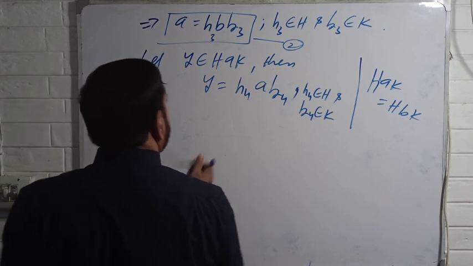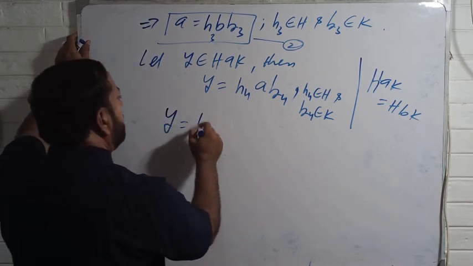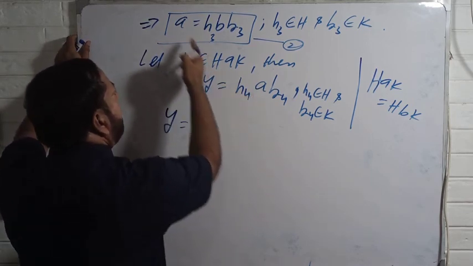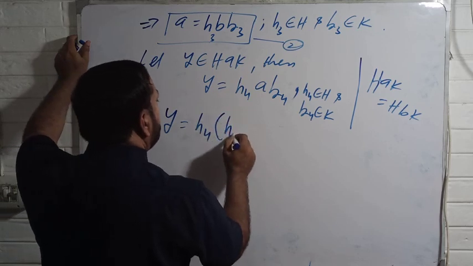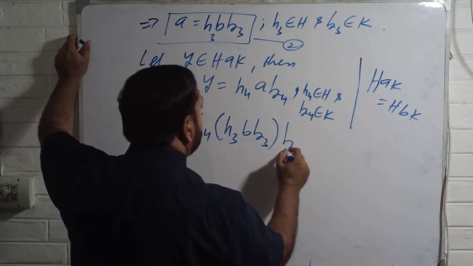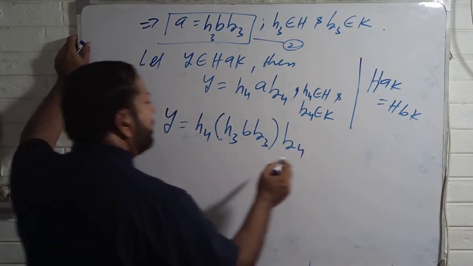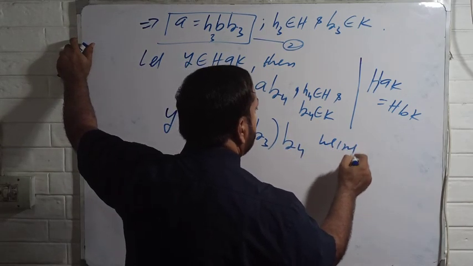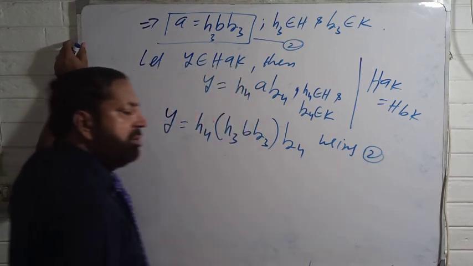Okay, we see that Y is equal to H4, the value of A from here, H3 B K3 K4, using equation 2.